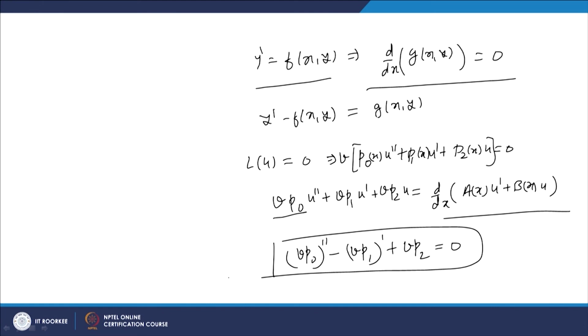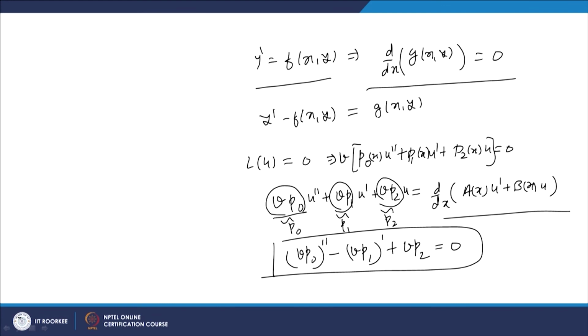In fact we have just taken the coefficient of u double dash; I should not write p naught dash, let us use some other notation. We call it p naught tilde, this p1 tilde and this p2 tilde.